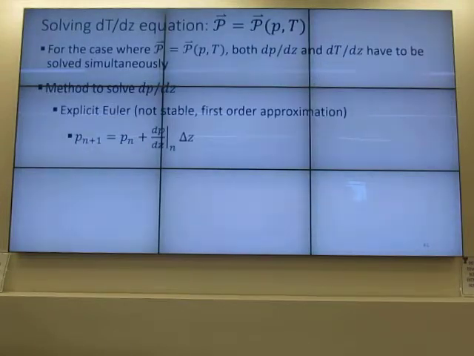Explicit Euler works for this homework. In some cases, it doesn't work. The case where it doesn't work is when there's a big change of fluid composition or fluid property with temperature and pressure. So let's say we have the fluid property at the current point and we want to calculate pressure 10 miles away.